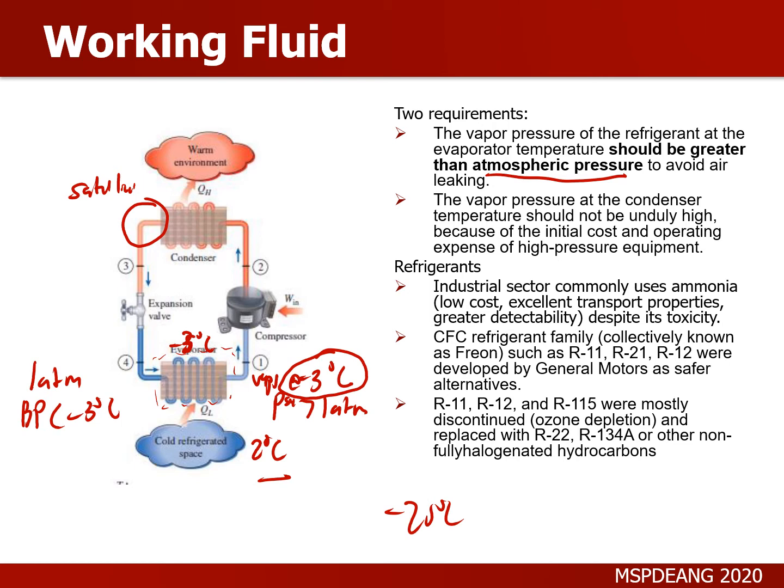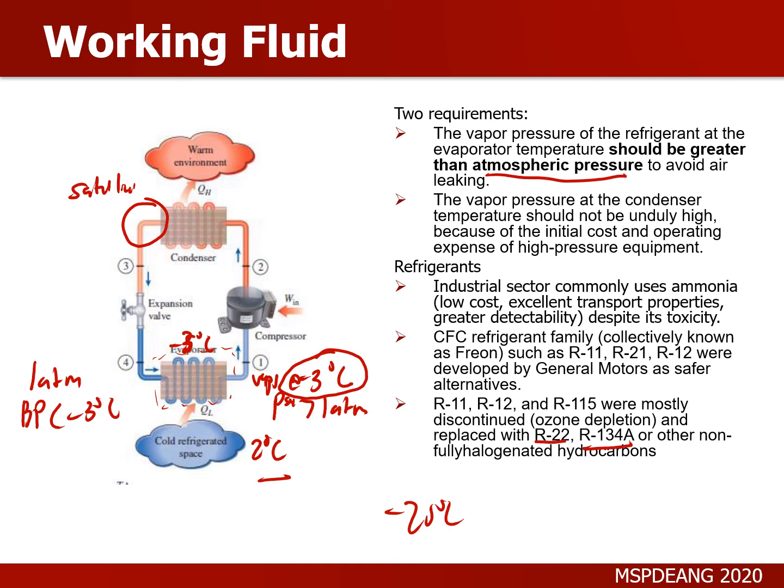Okay? So with this, the most common working refrigerants now are your CFC refrigerant family, collectively known as Freons. So back then, these were ozone depleting kasi these are halogenated hydrocarbons. So we replace the fully halogenated carbons with now non-fully halogenated hydrocarbons. Ayan. So most common now that are used are R22 and R-134A.